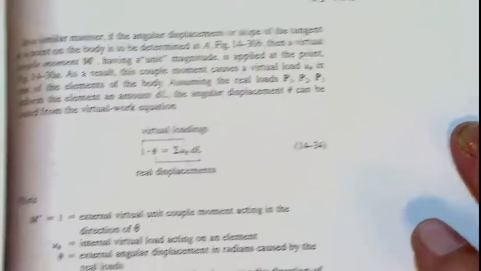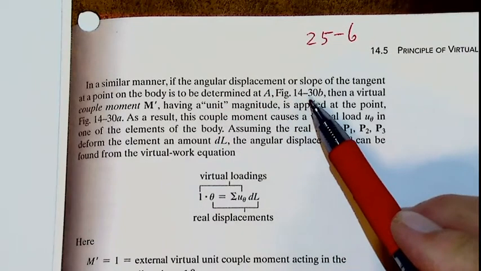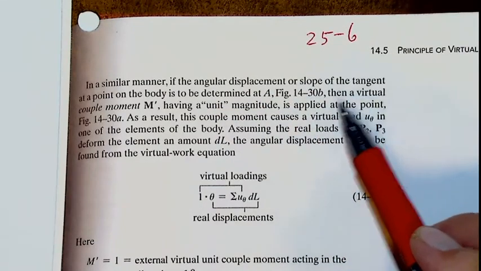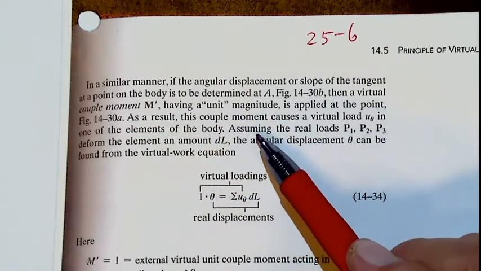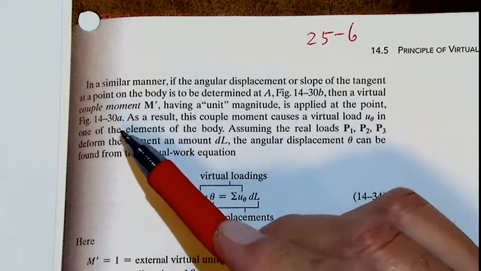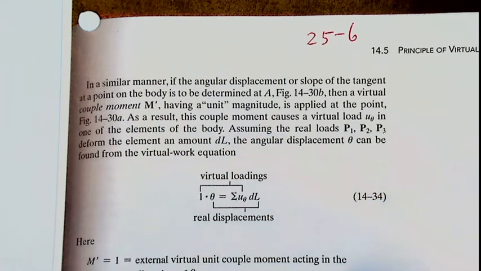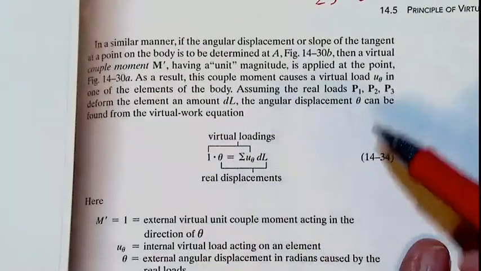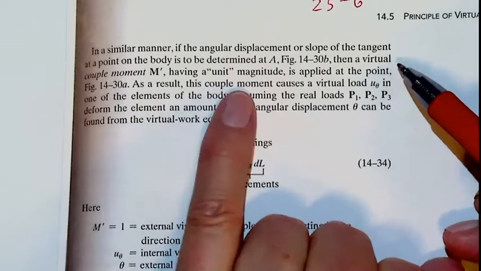Analogously, we are doing this in a similar manner. If angular displacement or slope of the tangent at a point of the body is to be determined at point A, then we are using a virtual moment, M prime, having a unit magnitude. A virtual coupled moment having unit magnitude is applied.